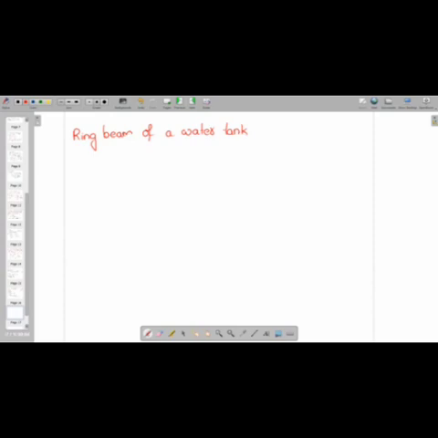Now see, students, the ring beam of a water tank is designed for what? Can anyone tell me what the ring beam of a water tank is designed for? I would be happy if anyone tells me.